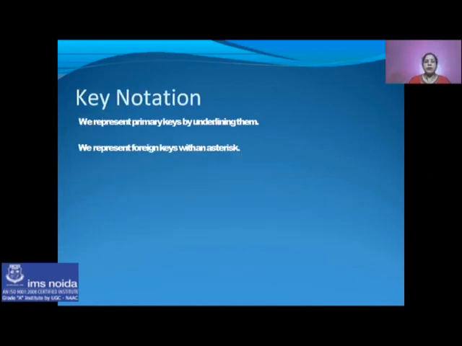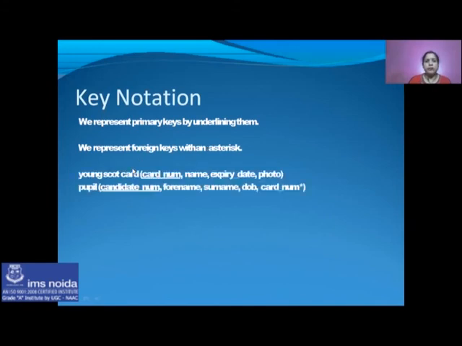Now, how to represent the keys? Primary key and foreign key. The primary key must be underlined and the foreign key marked with an asterisk. Here, whenever we give the underline, it means this card number is the primary key. The candidate number for this tuple is the candidate key.